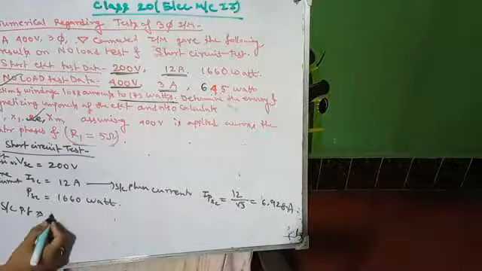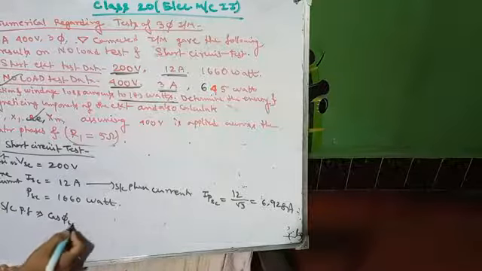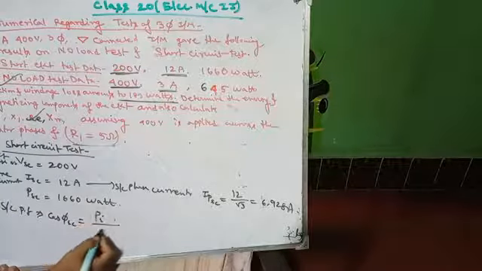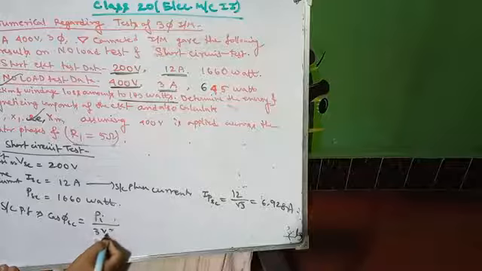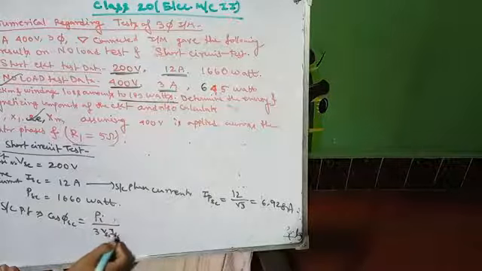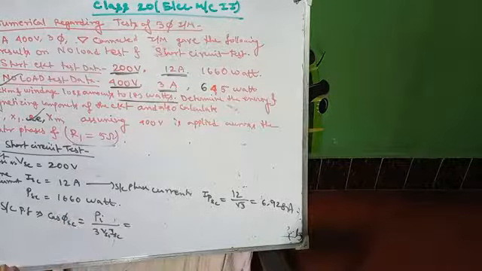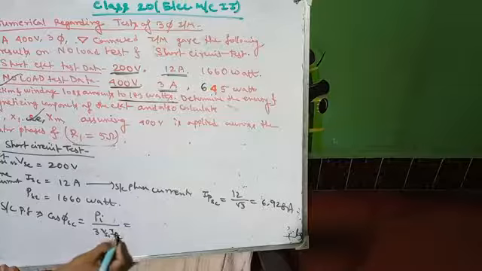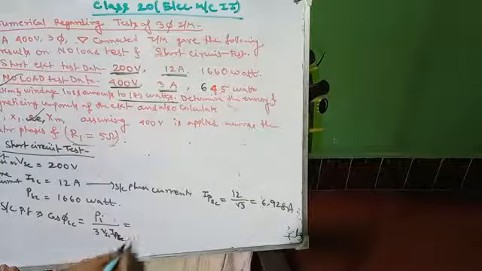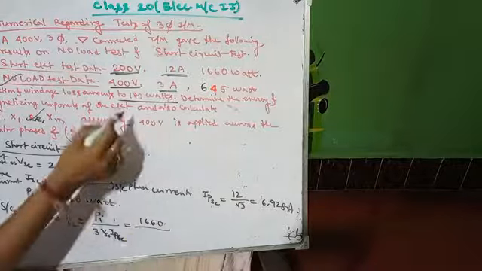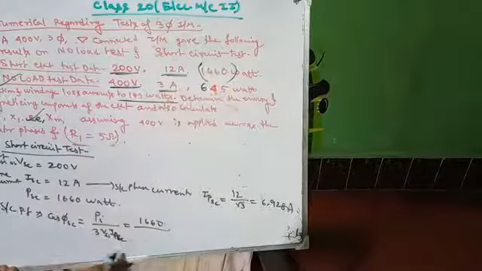Okay. So next one, short circuit power factor. Short circuit power factor equals to cos phi SC equals to PSC by the same formula, 3 VSC into IPSC, obviously IPSC. PSC equals to 1660. Here it is given directly, so there is no need to subtract anything.